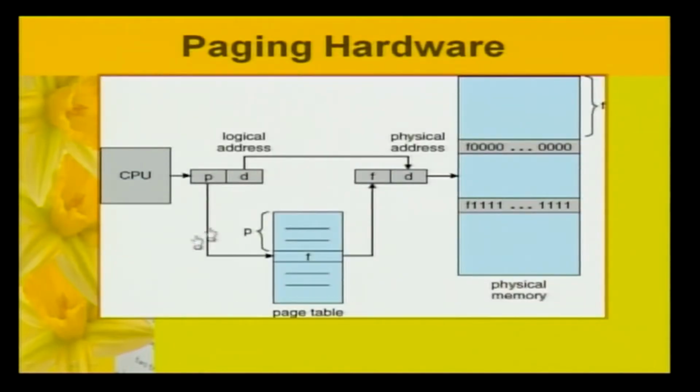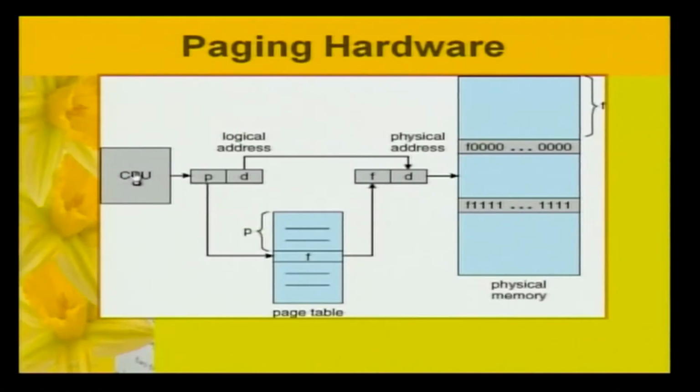The address translation scheme inside paging actually goes this way. Here is the CPU which is generating a P and D, page number and page offset. The combination of P comma D is basically the logical address. Remember, the logical address is a sequence of bits only.